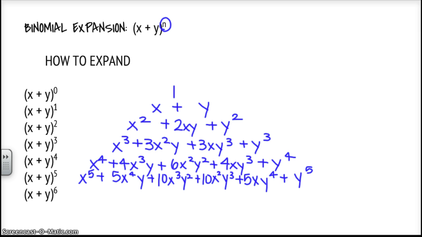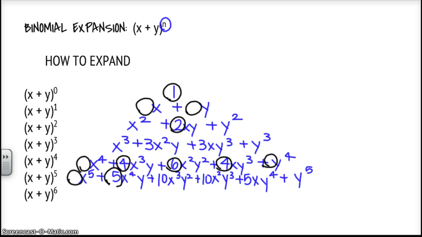However, I do want you to notice a couple patterns here. The first thing I want you to notice is I want you just to take a look at what the coefficients are on each of the terms here. Now remember, if there's no coefficient, that means there's a 1 there. Hopefully you recognize something with that.